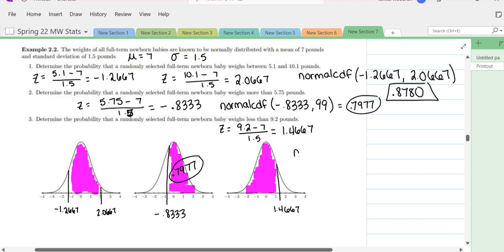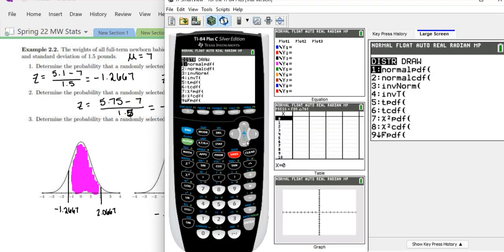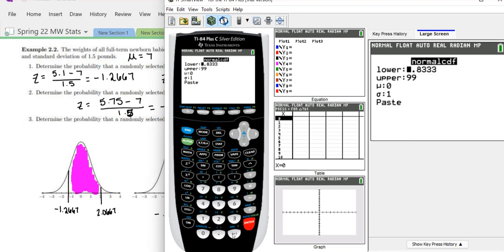So we would go normal CDF. Since we're going indefinitely to the left, our lower limit is negative 99, and then our upper limit is 1.4667.